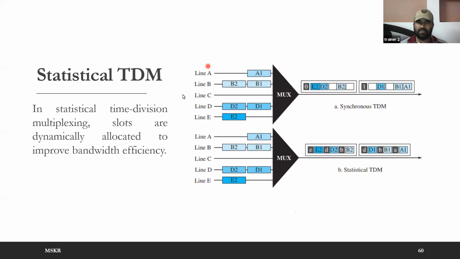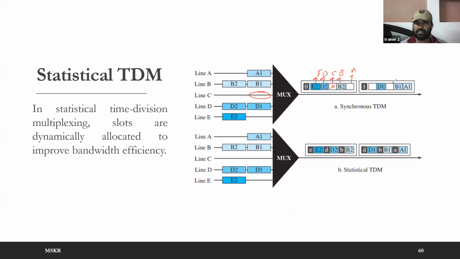Here, 5 people are sharing the medium, so obviously your frame contains 5 slots. This is the slot for A, this is the slot of B, this is C, this is D, this is E. If there is no data, obviously you are not going to send anything for that particular user.